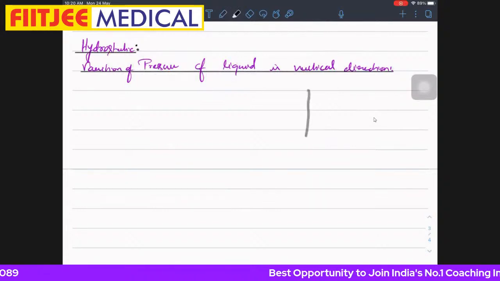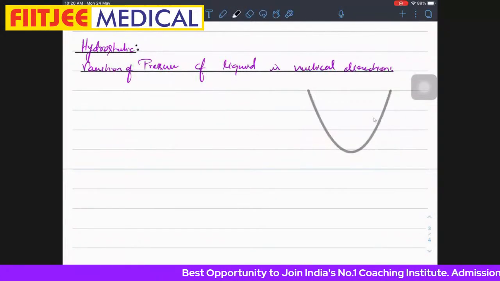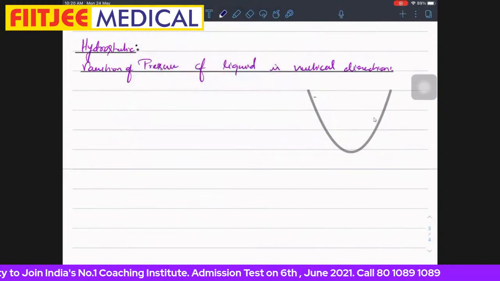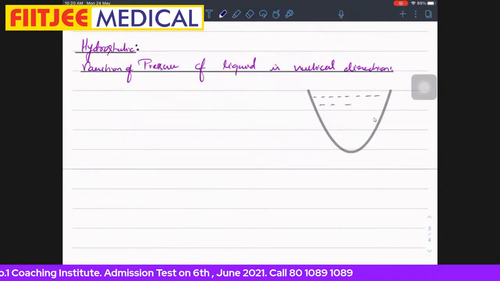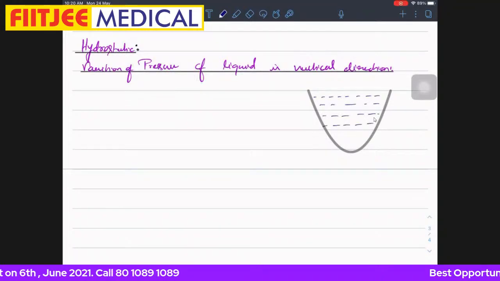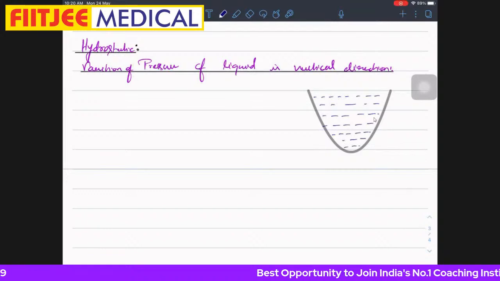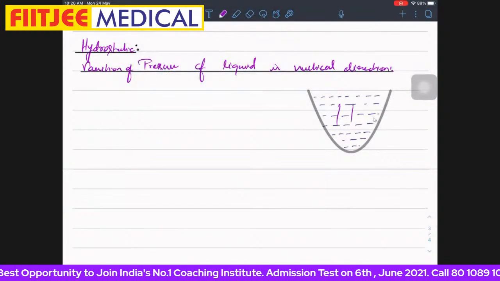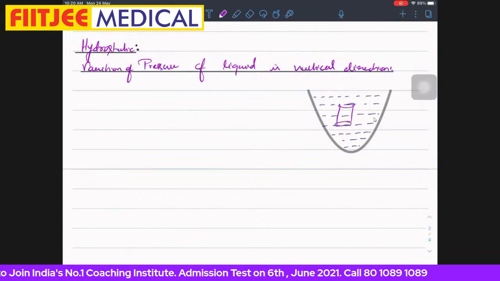Suppose we have a system where liquid is present, and we need to calculate how the pressure varies inside the liquid. Here the liquid is at rest. So suppose I take a small element in the form of a cylinder.